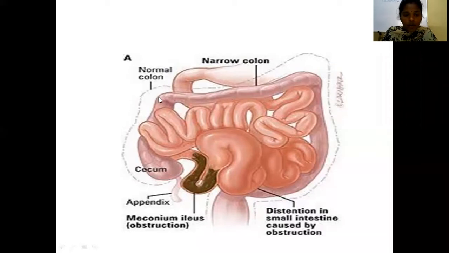Compared to the normal colon, this colon in meconium ileus will be narrow, small in diameter, because here we are not using the colon. This is the unused colon, microcolon, compared to the normal one. So here the meconium is filled in the terminal ileum, causing dilatation of the proximal ileum and an unused narrow colon.